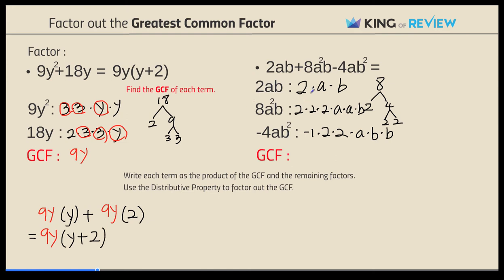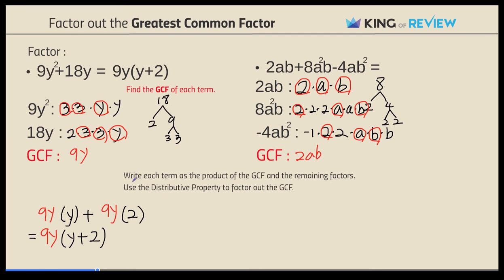Okay, so they all have a 2, and they all have 1 factor of a, and they all have 1 factor of b as well. Whatever we circled represents the GCF. So in this case, we have 2ab as our GCF. And again, whatever we haven't circled is the remaining factor.